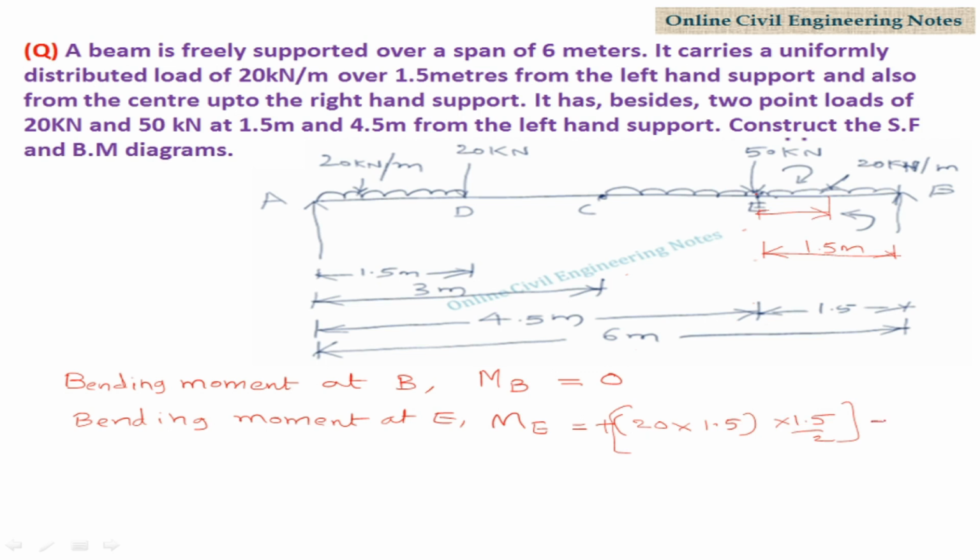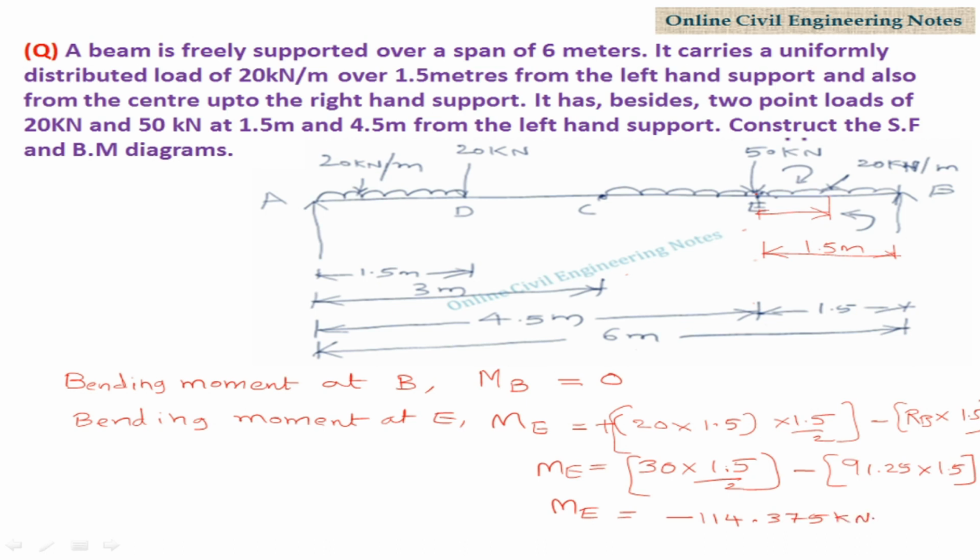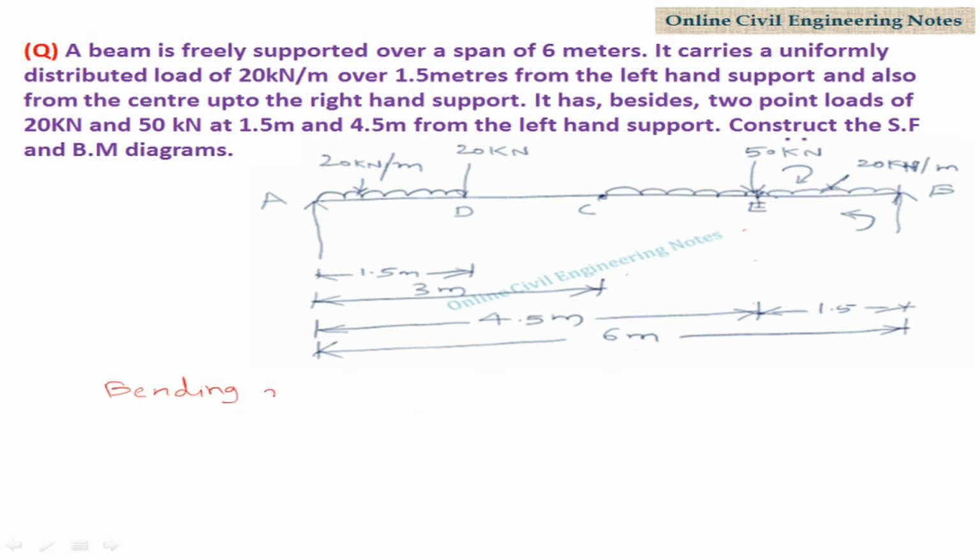Anti-clockwise moment is taken as negative, RB into 1.5. We know RB is equal to 91.25. ME is equal to 20 into 1.5, 30 into 1.5 by 2 minus 91.25 into 1.5. Moment at E is equal to minus 114.375 kilonewton meter.